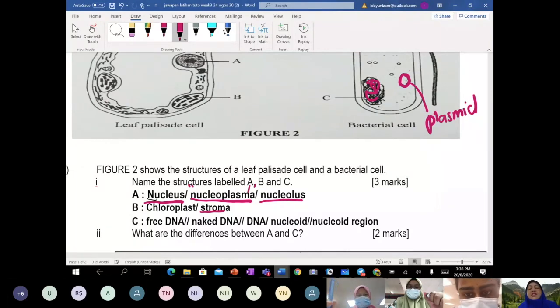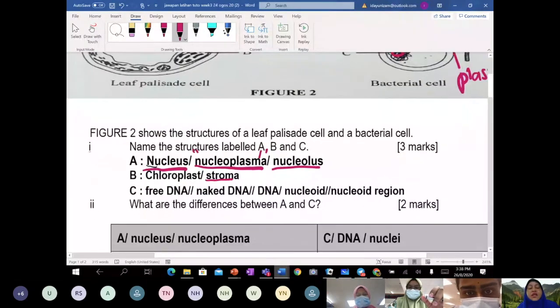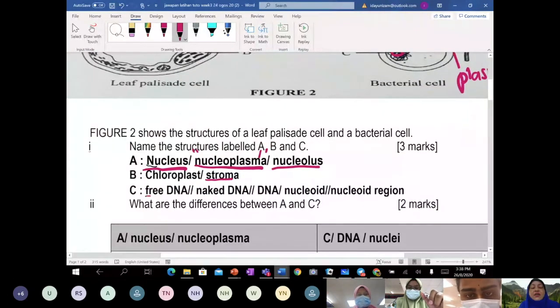So the answer for C is a free DNA, because as teacher mentioned just now, the DNA is free. Sometimes it is acceptable if you write down naked DNA. Naked DNA is also acceptable, or you can just mention DNA. Okay, DNA, free DNA, fine.